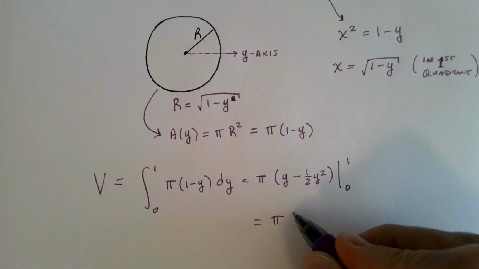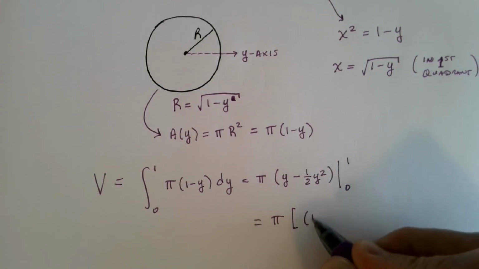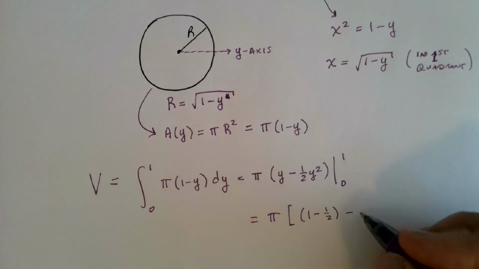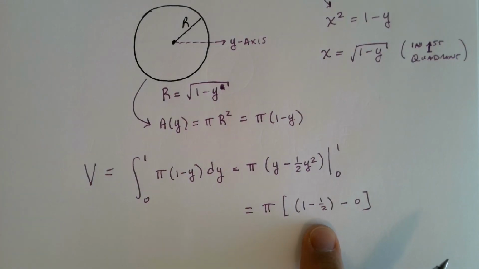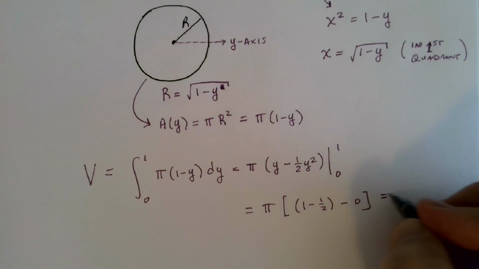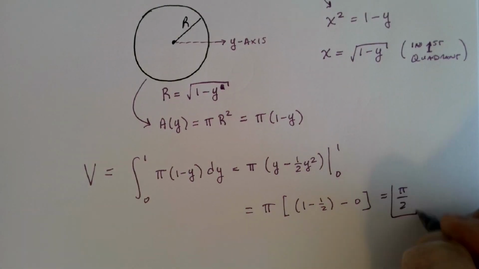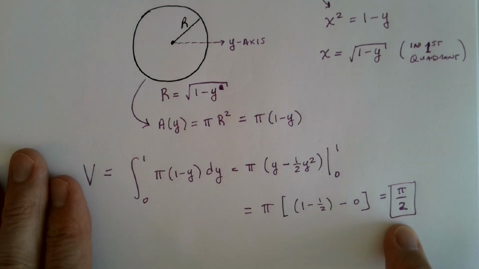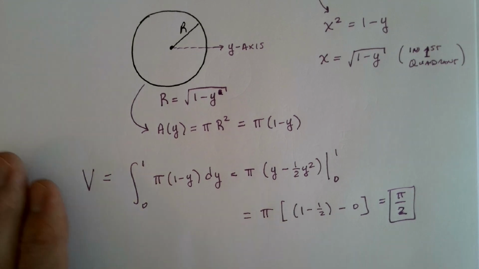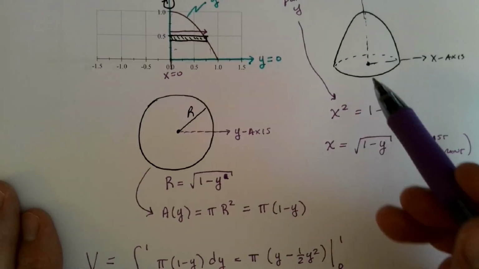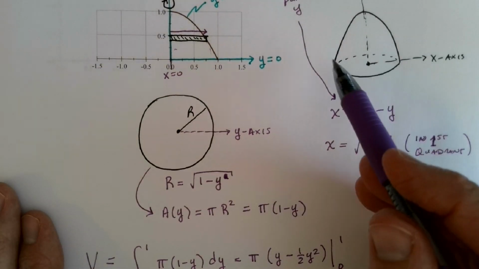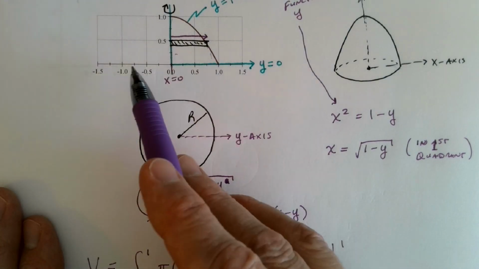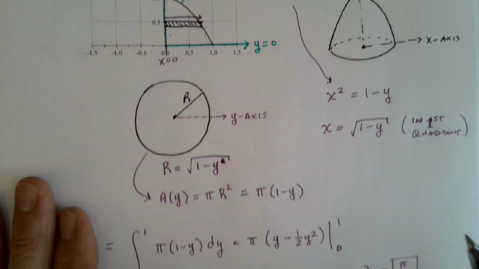If I evaluate at 1, I have 1 minus 1/2. Evaluate at 0, 0 minus 0 is 0. 1 minus 1/2 is 1/2. And I get 1/2 pi very easily. That's the volume of the solid that we get from rotating this entire region about the y-axis in this case.